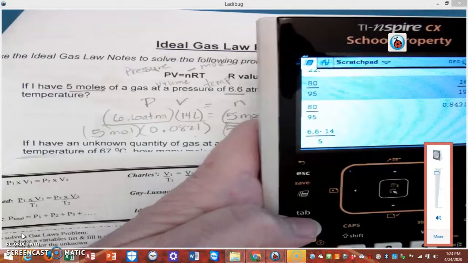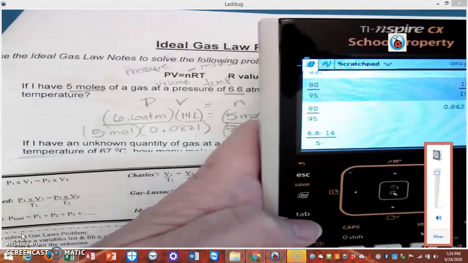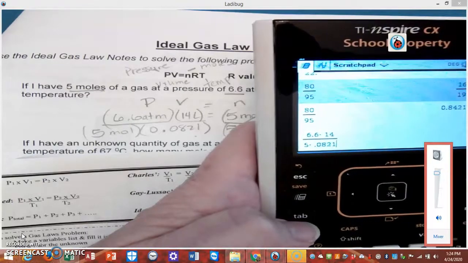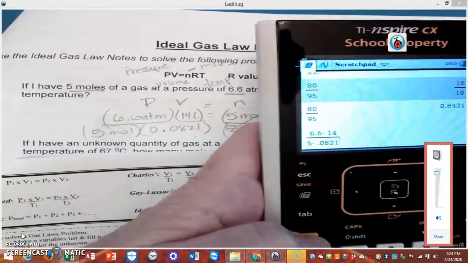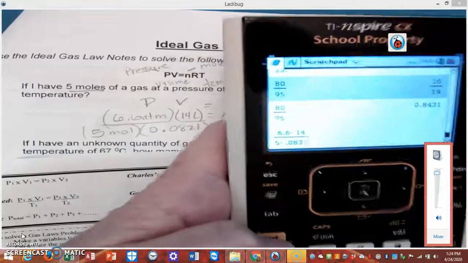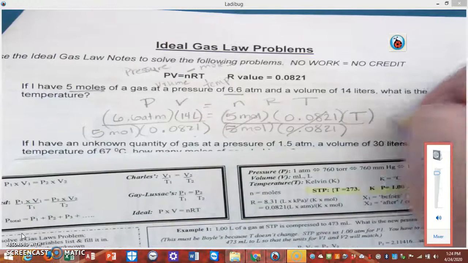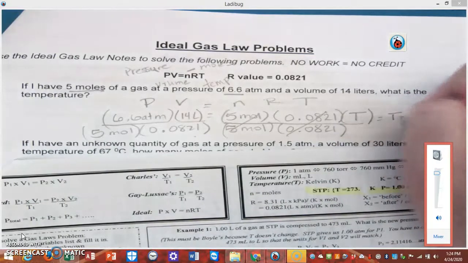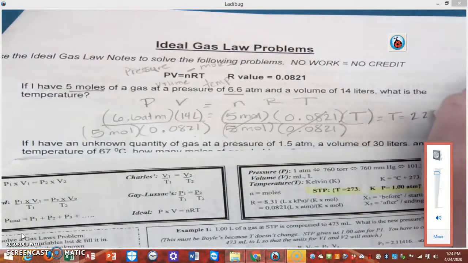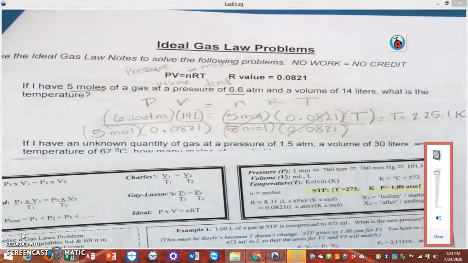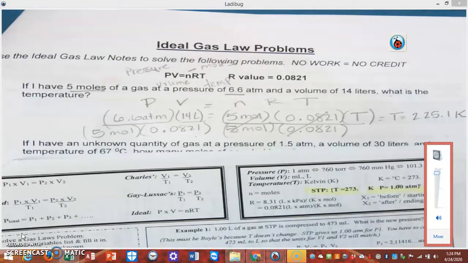We got 5 moles times our gas constant. Okay, and now hit control divide so it'll come out in a decimal. And there's our answer. So our temperature equals 225.1 what? Kelvin, because all our temperatures are in Kelvin.